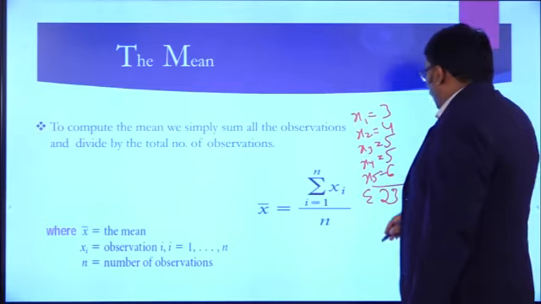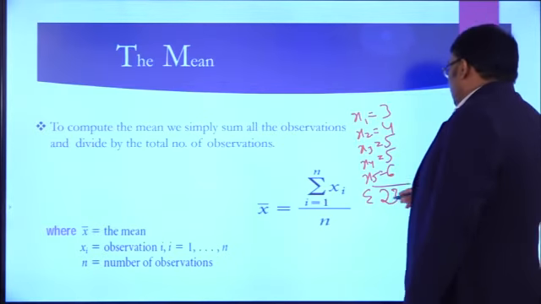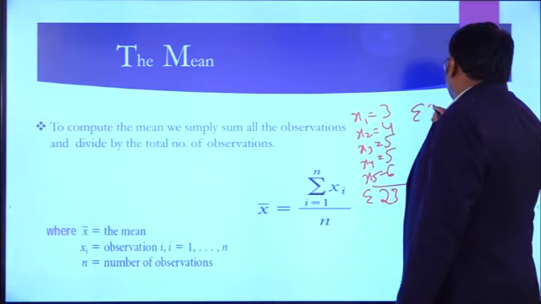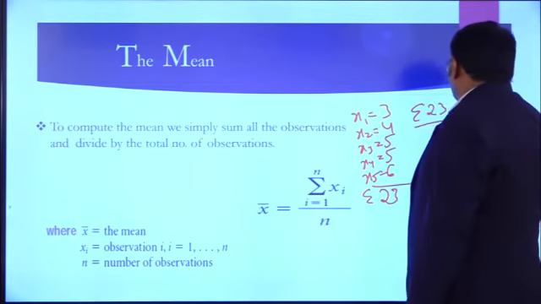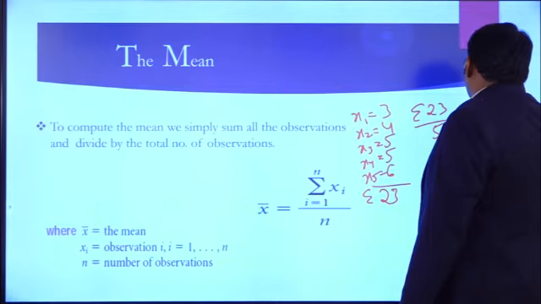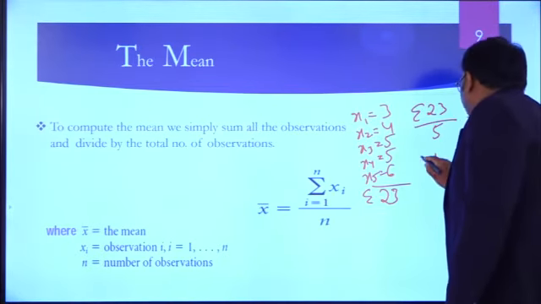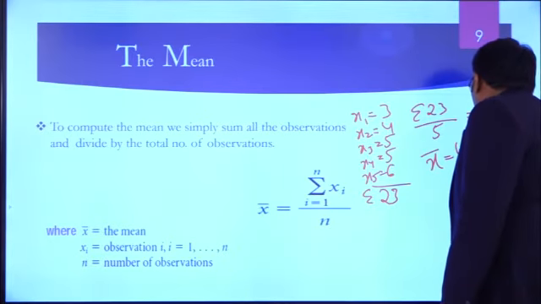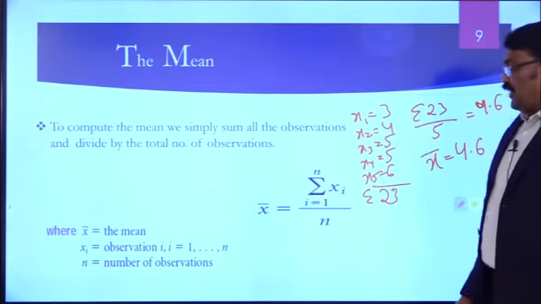The summation is 23, and after summing we divide it by the n value, which is 5. That is equal to 4.6. So X bar is equal to 4.6.